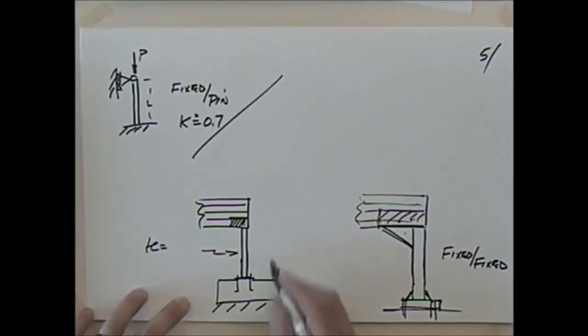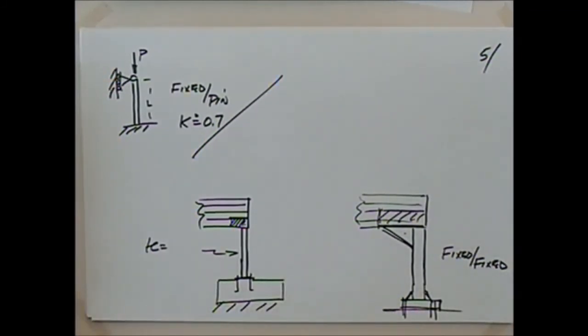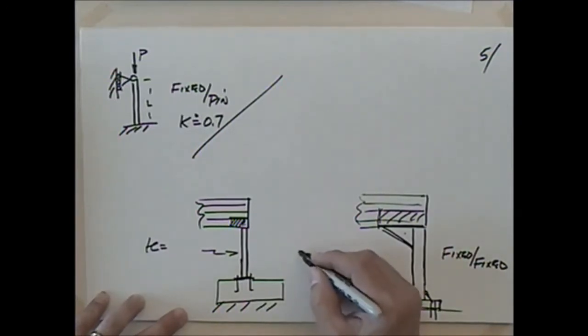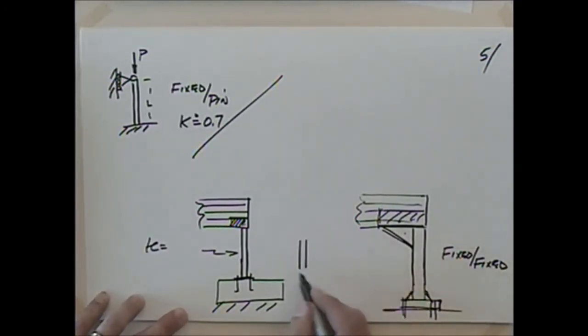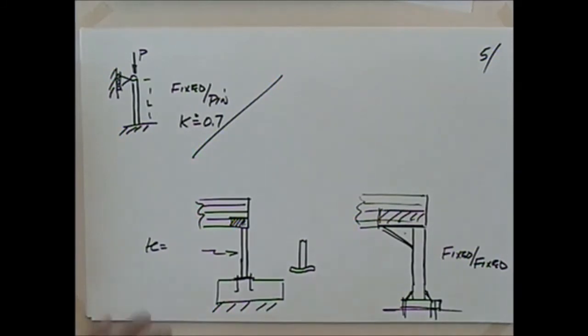But thinking about that, if we go back to this one here, what would we have here? If we look at the base plate, with a thin base plate, as that starts to experience some deformation, what that base plate will tend to do is actually deform like that, without those gussets on it. So could we think of this as a pin? Yeah, there's no pin there, but it's going to behave very much like a pin, probably way more so than this.